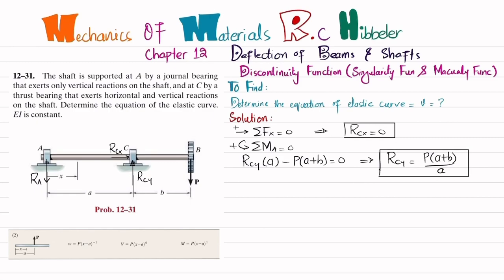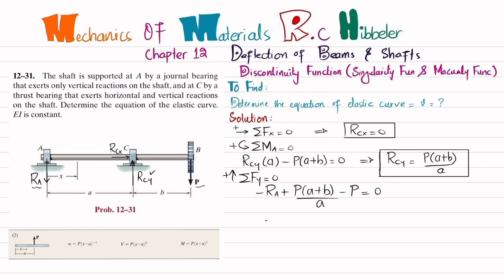Okay. Now we will find this RA. So we will use the equation of equilibrium that the sum of all forces along y direction must be equal to 0, and force upward is taken as positive. So RA is downward, so it will be minus RA, plus RCY, which is upward, so plus P into A plus B divided by A, minus P, which is downward. Their sum must be equal to 0.